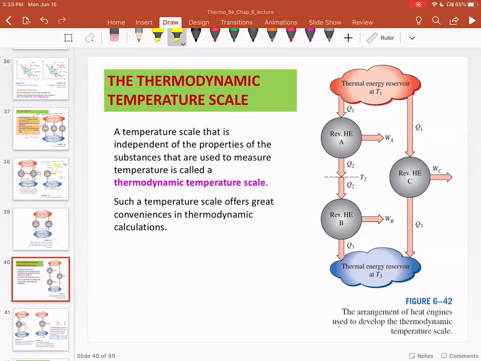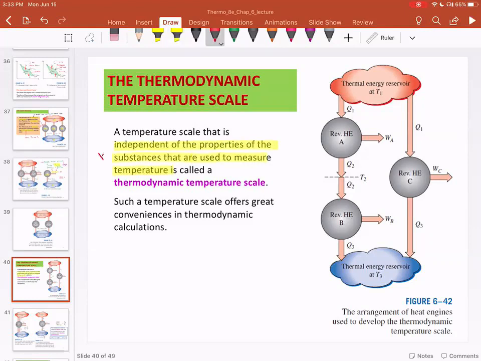So that's why we are going to use a temperature scale that is independent of the properties of the substances that are used to measure the temperature.